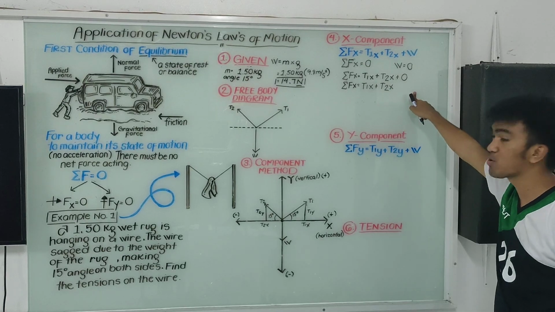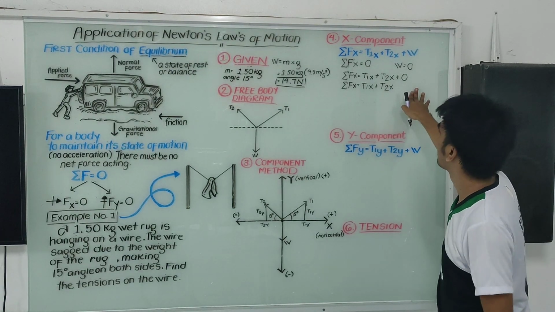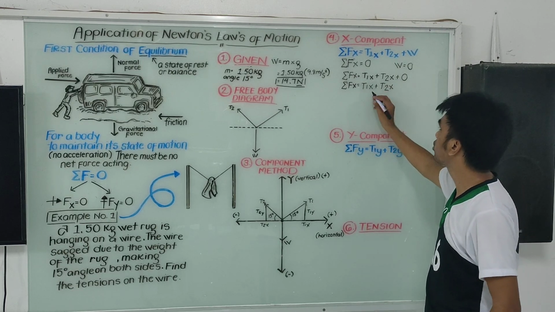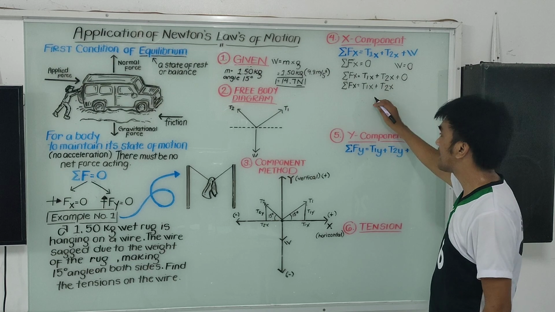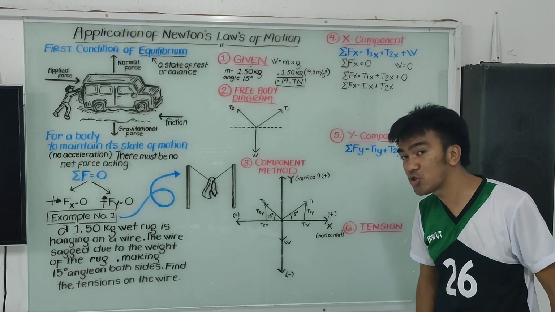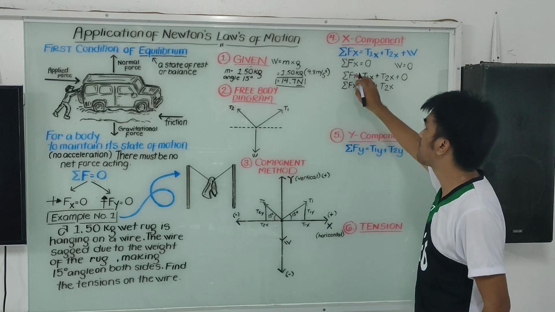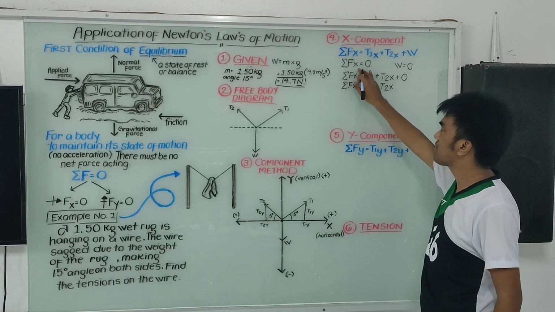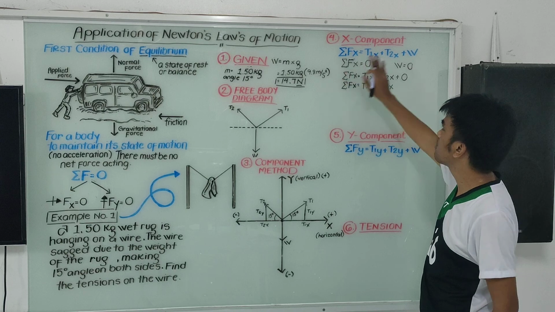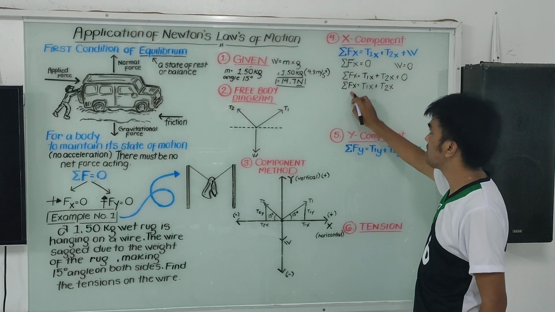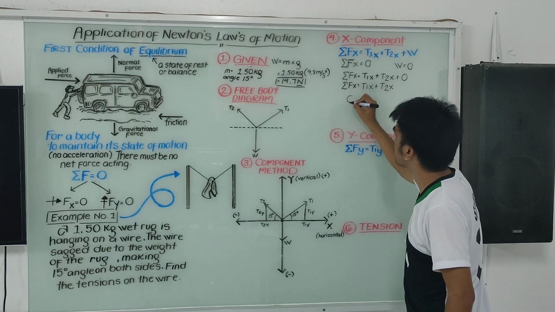Since the weight term is 0, there is no need for us to write it. So we simplified it. Summation Fx is equal to T1x plus T2x. Let's now substitute. What is your summation Fx? Remember, I mentioned earlier that the sum of all forces here is always equivalent to 0. So this will be 0.